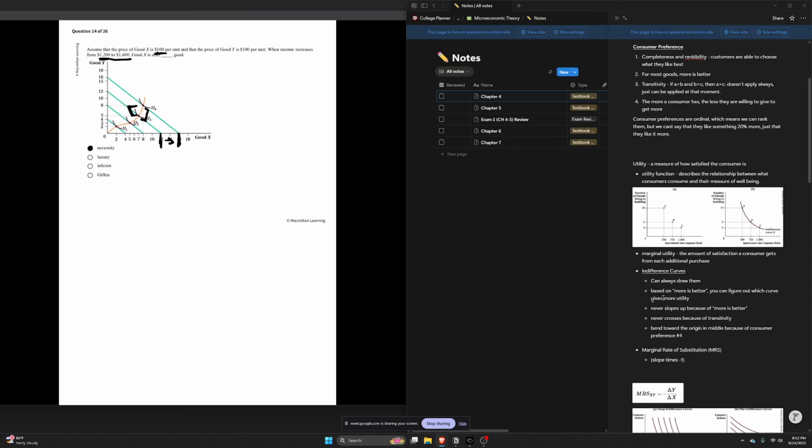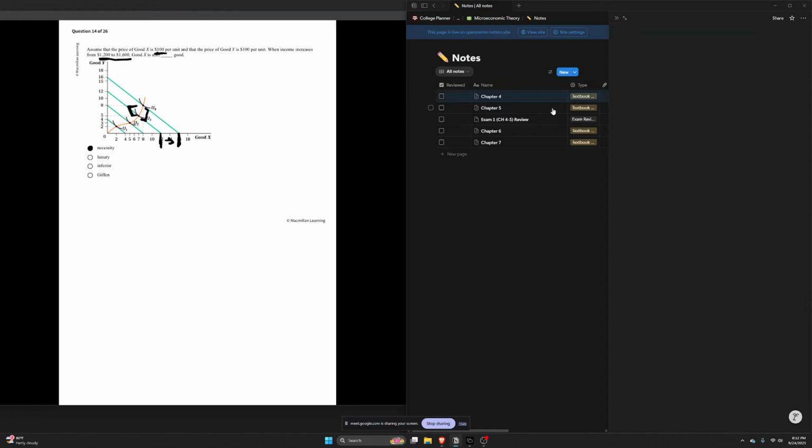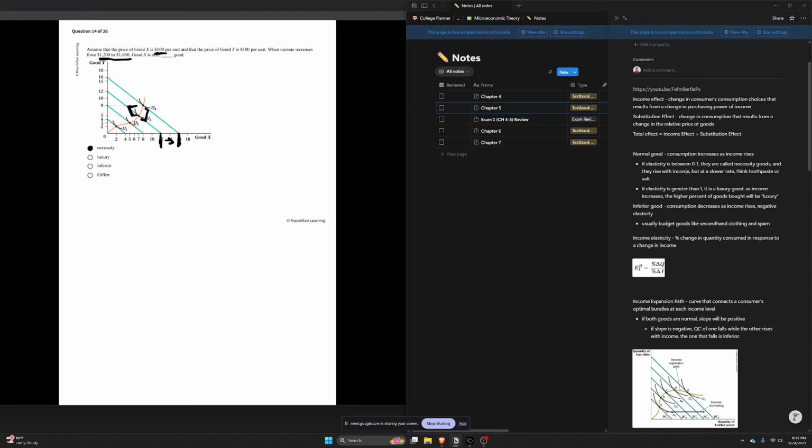And if we look over to our notes for chapter 5, for normal goods and necessity goods, luxury goods, all that other stuff, we can see that the elasticity for good X, we're only looking at good X here.